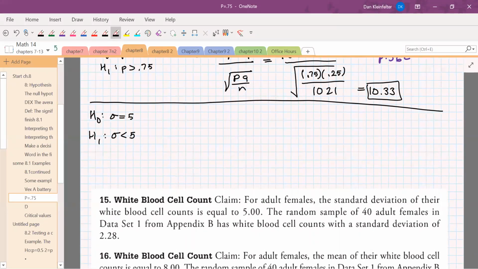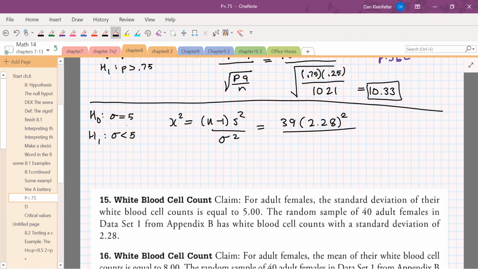Then we needed a test statistic, right? So for standard deviation, it's chi squared, which is n minus 1 times s squared all over sigma squared. So here, the sample was 40 females. So 40 minus 1 is 39. Our sample standard deviation was 2.28. And that's over sigma squared.